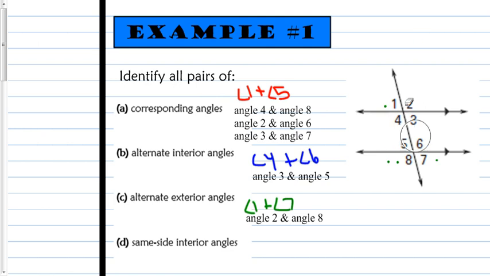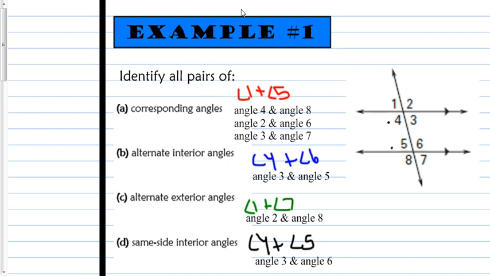Okay? And lastly, we're going to find our same side interior angles. And again, there are 2 pairs of same side interior angles here. 1 pair is angle 4 and angle 5. Go ahead and pause the video and see if you can find the second pair.